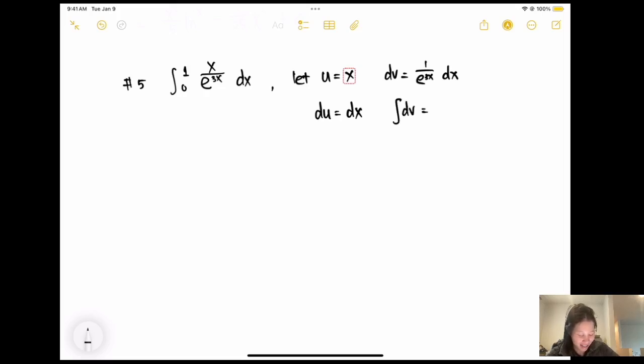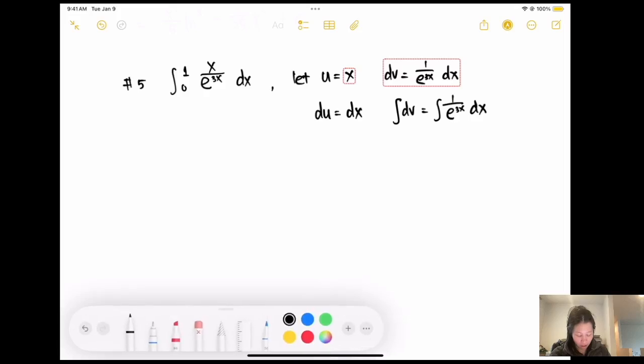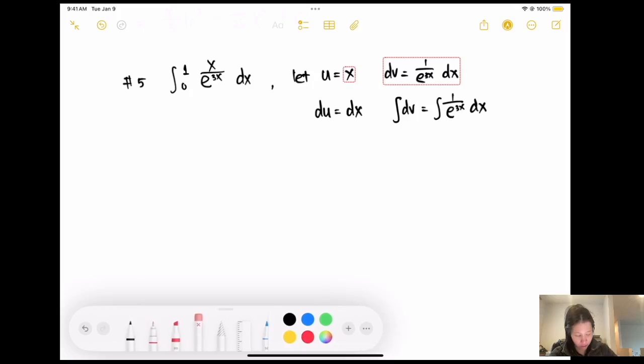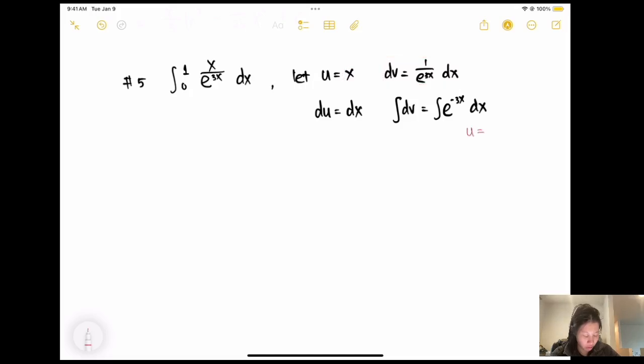So now it's the antiderivative of the v. So this part we need to use u substitution, which is we can let e to the negative 3x. Let me write this as e to the negative 3x. So I can use u substitution. u is equal to negative 3x. So that means we integrate e to the u dx, and we still need to solve for dx. So let's find du on both sides.